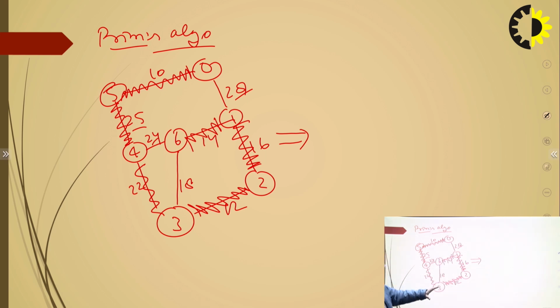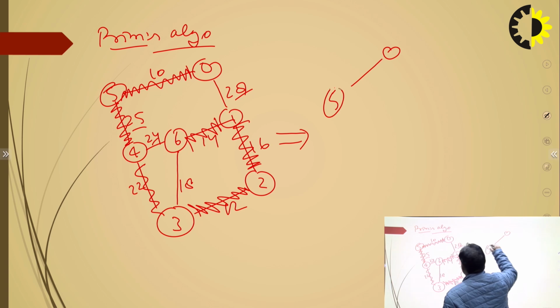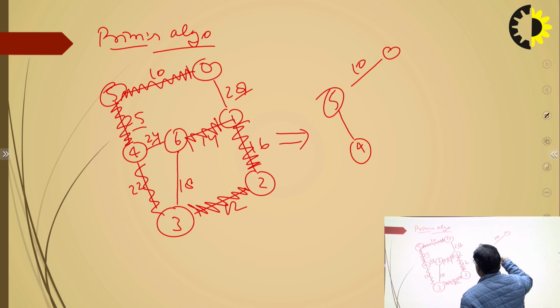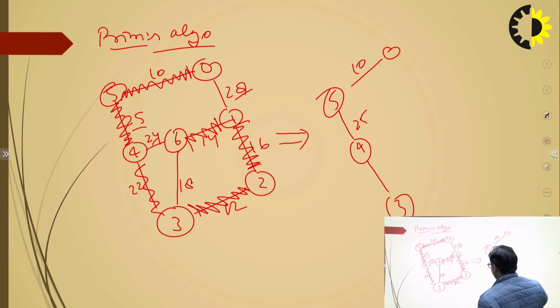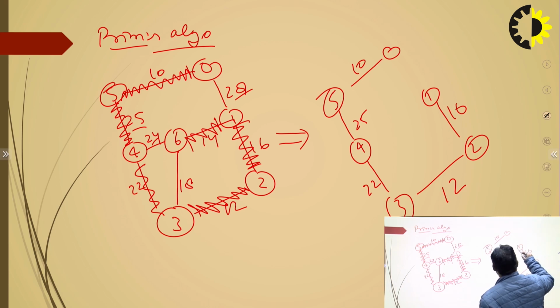So this is our minimum spanning tree, the MST value, and here we consider 0 to 5 which means 10, 25, 3 which means 22, 2 which means 12, and 1 which means 16, and next is 6.